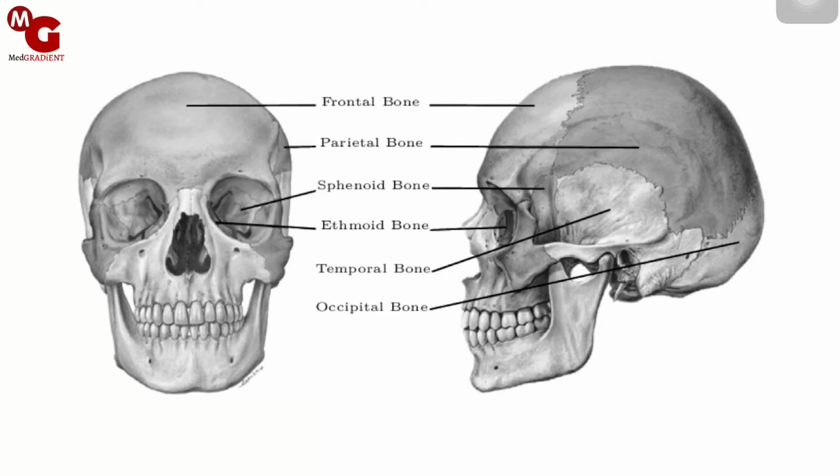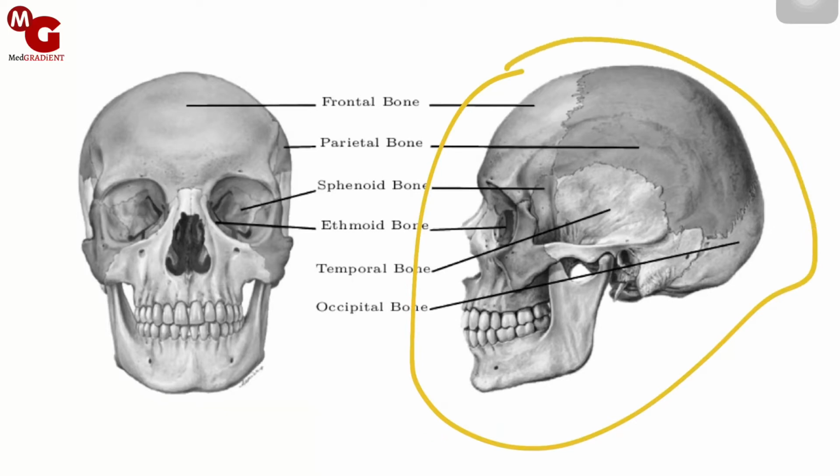Now externally, when you see the structure, as I told you, this whole thing is not one bone, and here in this image, though black and white, you can make out that there is one bone over here. We'll go into their names later. One over here, this bone is over here.